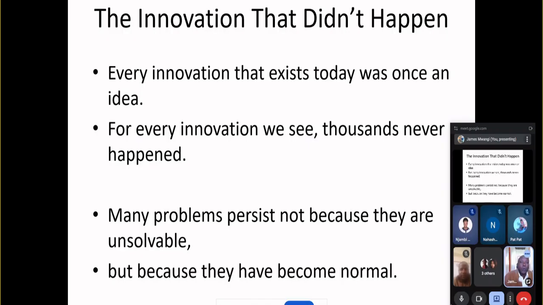So one of the things that can make your invention not become an innovation is that maybe it solves the wrong problem. You don't have an understanding of the problem. You have to go deeper. You listen to the people who have that problem.